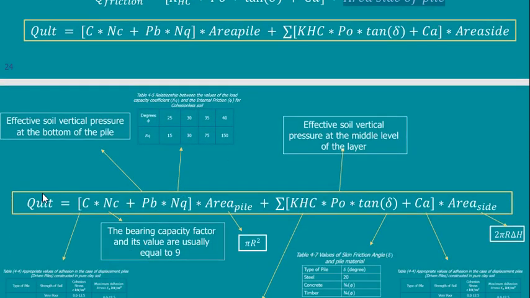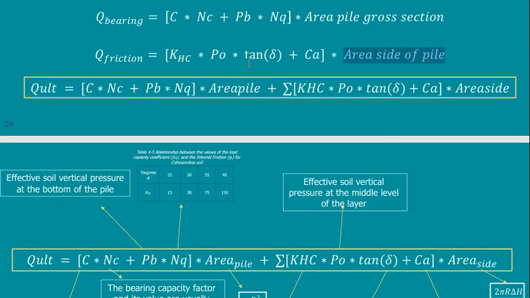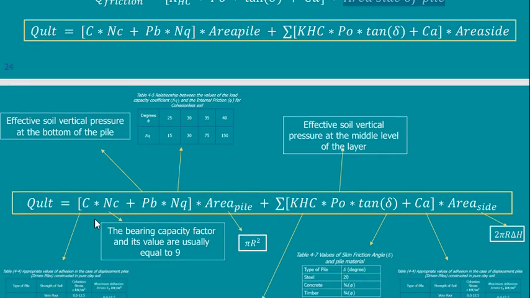Here, the first method of design is based on the static equation given in the Egyptian code. It contains these two portions that I discussed, the bearing and the friction. This portion is multiplied by the area of the pile, so it is the end bearing; here, the area of the sides, so this is the friction.